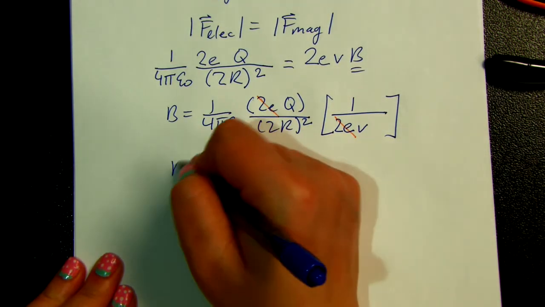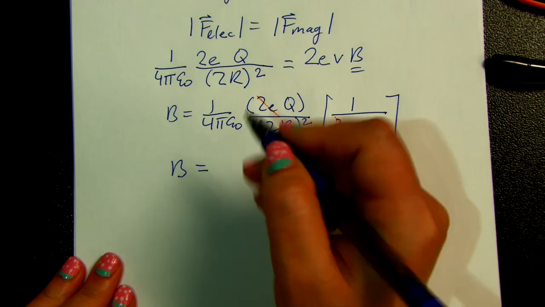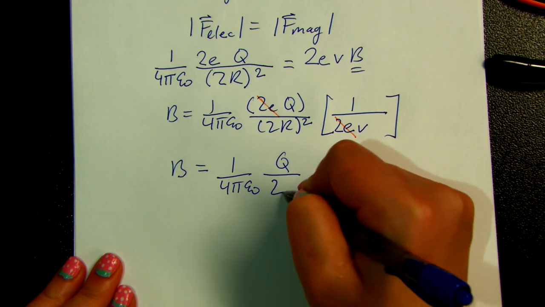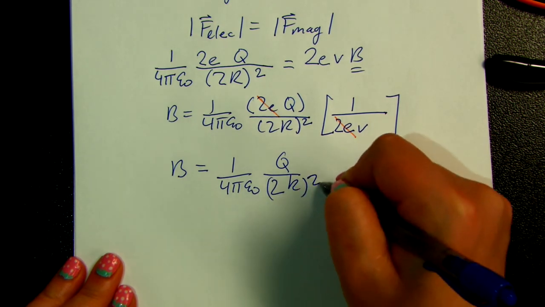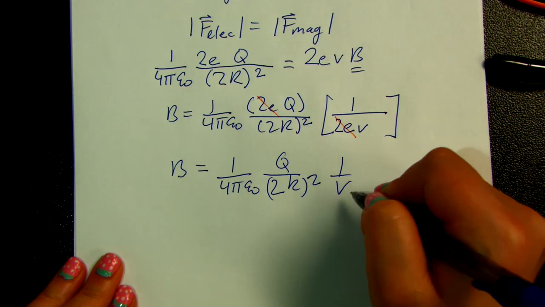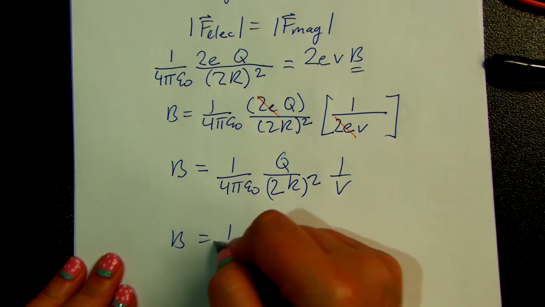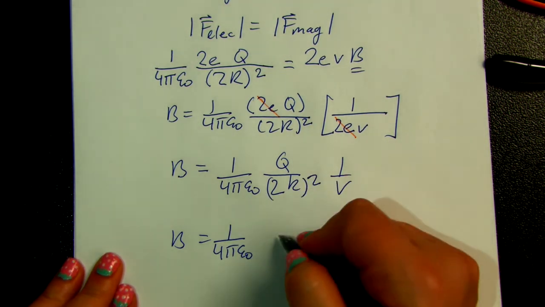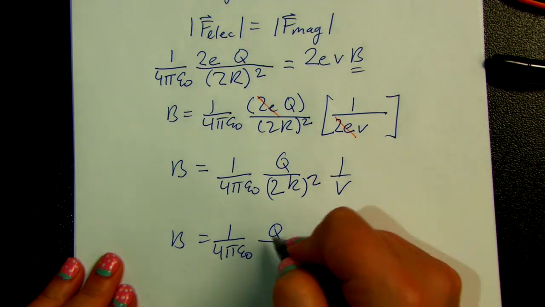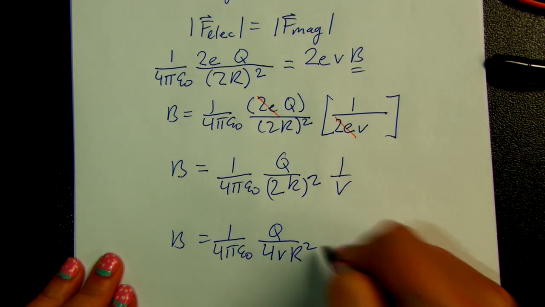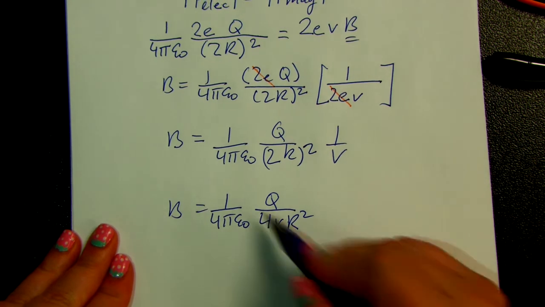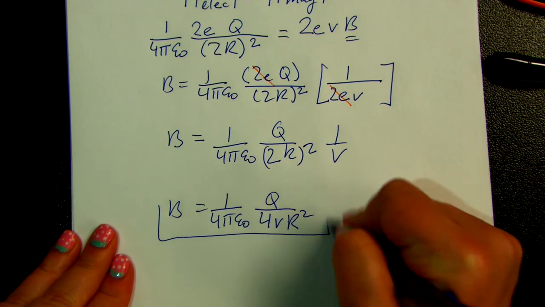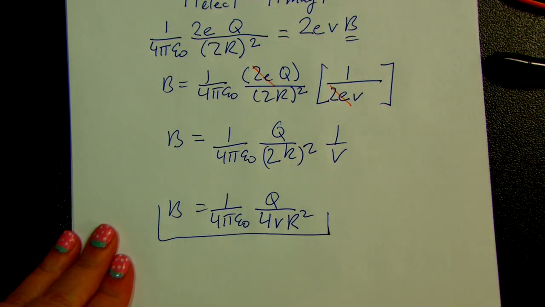So B is equal to 1 over 4 pi epsilon naught, q over (2r) squared, times 1 over v. Since that's a constant, we'll leave it all together for now. So q over 4 v r squared. All I've done is bring the v in and squared out that 2 to have a 4. Let's remember that this is important.